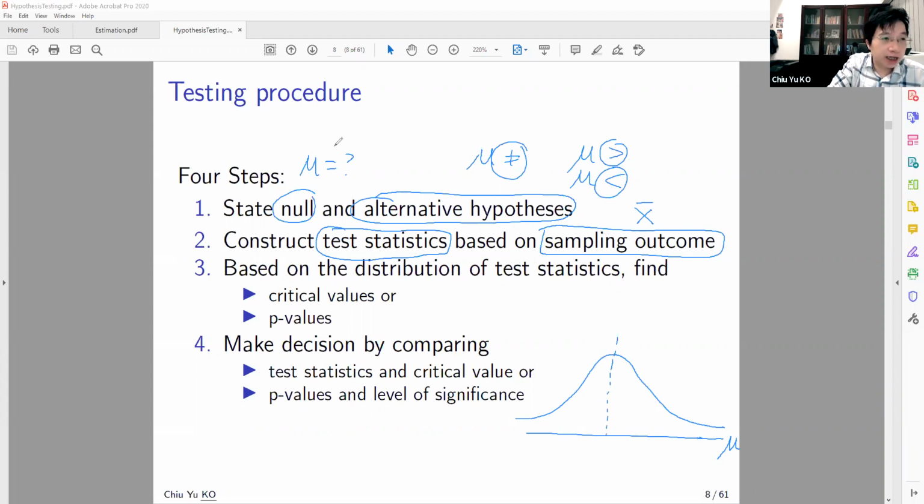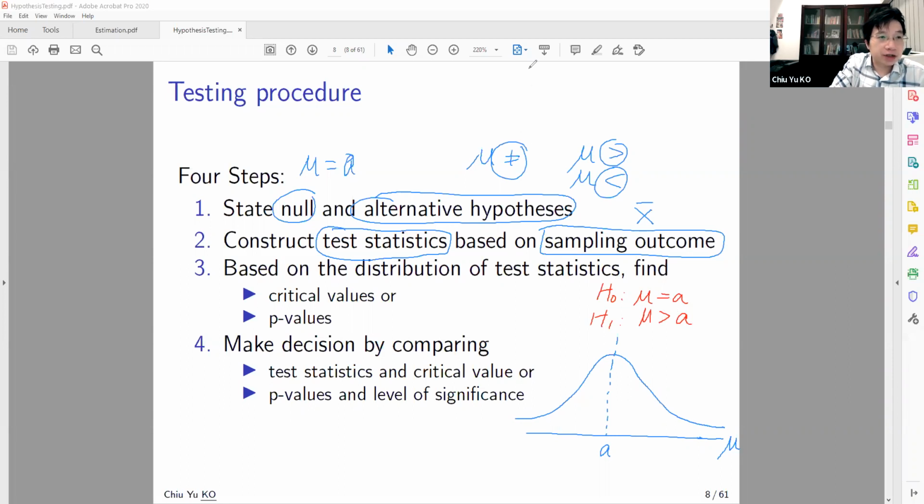And I claim mu equals A, say. Now suppose the alternative is mu is bigger than A. This is H0, this is H1. What it means is that if mu is sufficiently large, then we will say this is a problematic assumption, right?